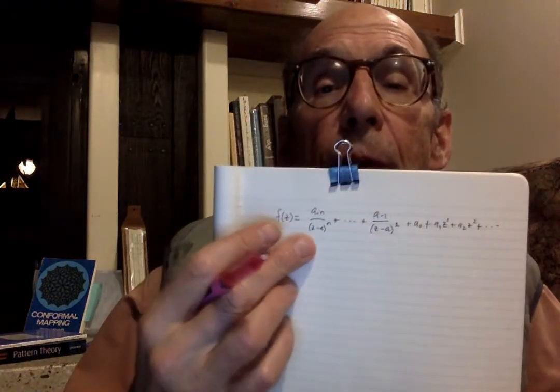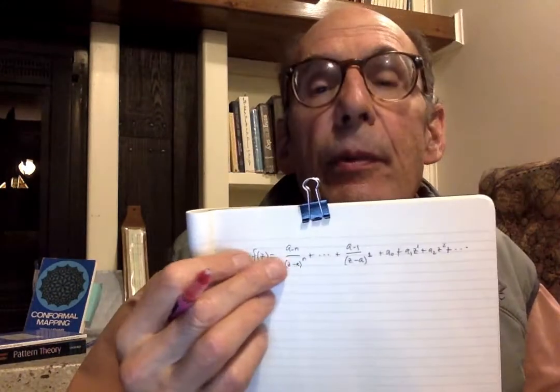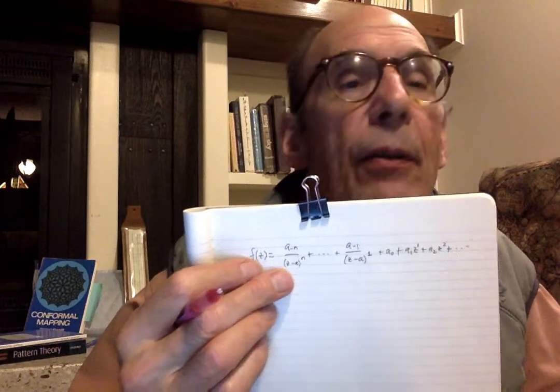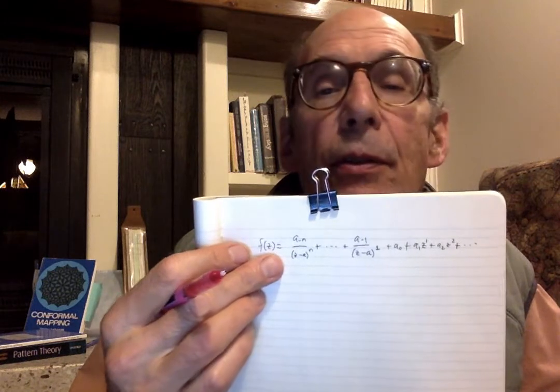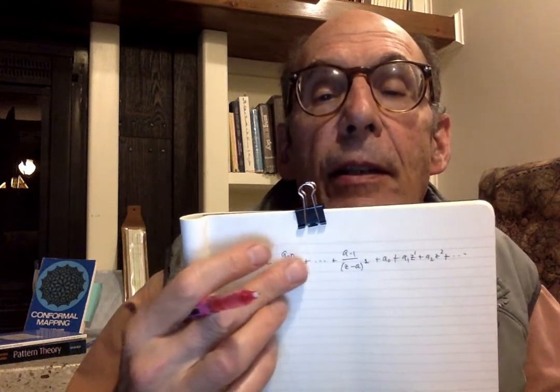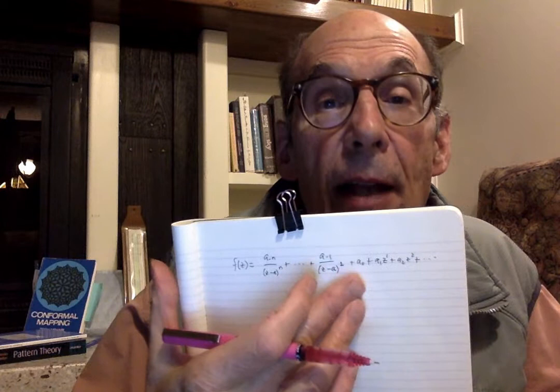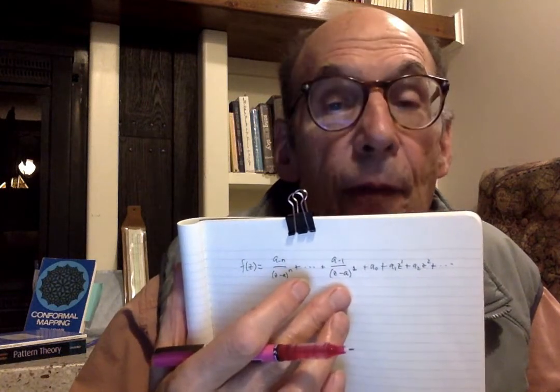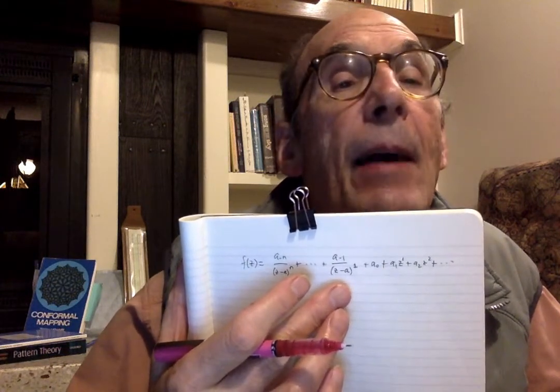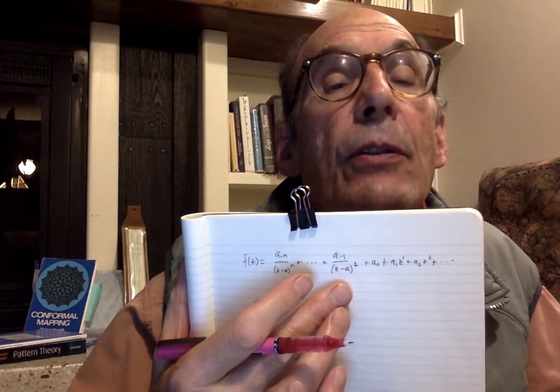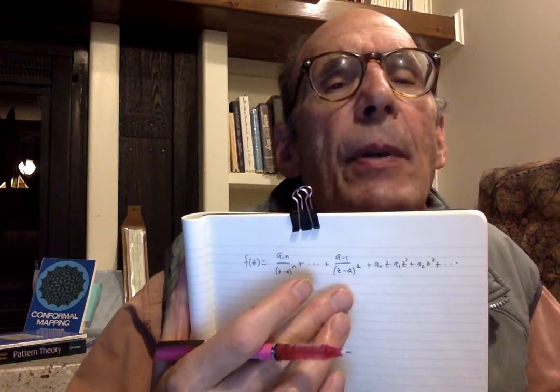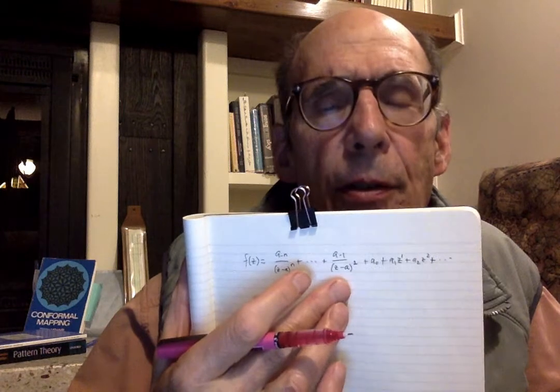So the problem is, when you integrate this, almost all of these integrals around a closed contour in a simply connected region, the things that you see in the statement of the residue theorem, all of these terms have antiderivatives except for this one. And that means that this is what is going to be happening in the residue theorem.